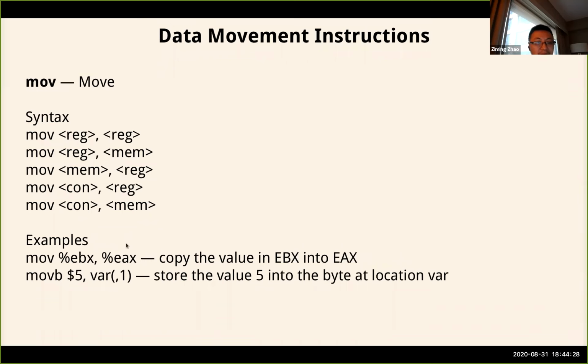For example, move EBX to EAX means copy the value of EBX into EAX. So the old value of EAX is lost after this instruction. We don't know the old value of EAX anymore. EBX and EAX have the same value after this. We can also move 5 into some place here, so basically store the value 5 into the byte location at this value. This is a placeholder value.